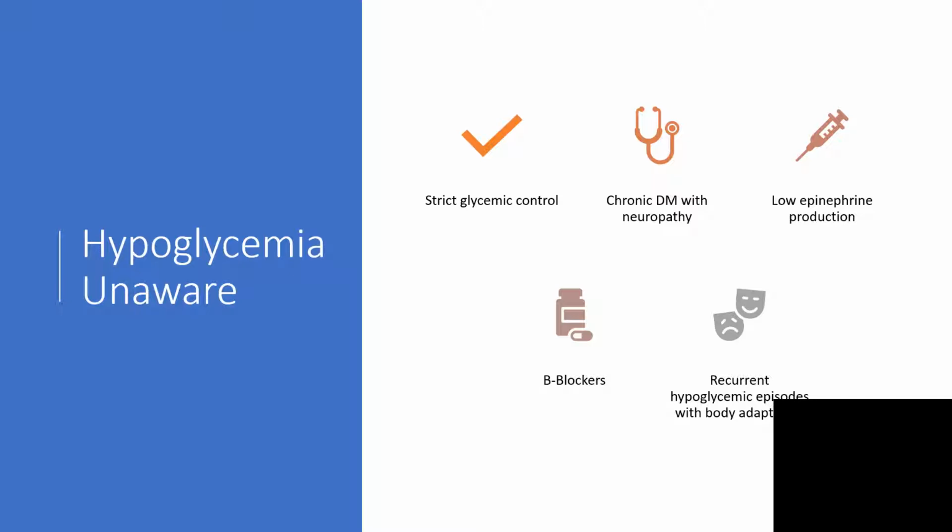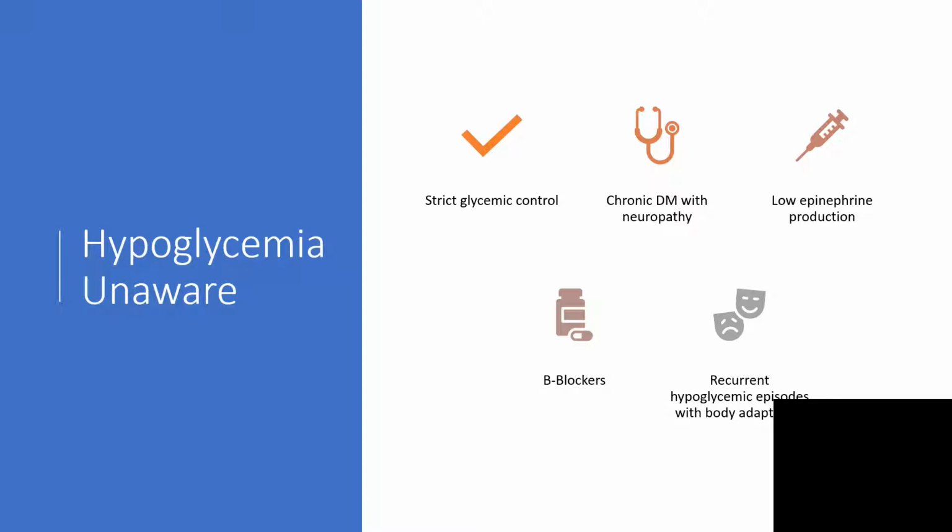So under what situations can that happen? Strict glycemic control. When somebody has been under very strict glucose monitoring and control so much, the body will be adapting to that low level.